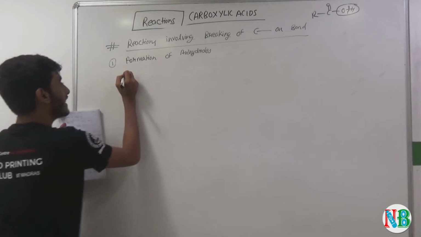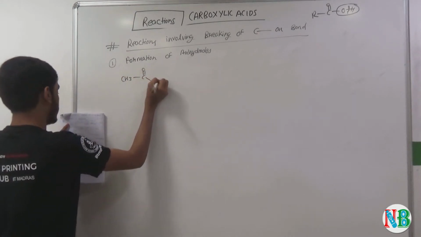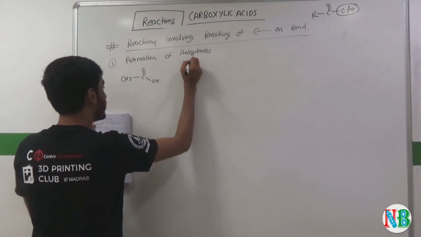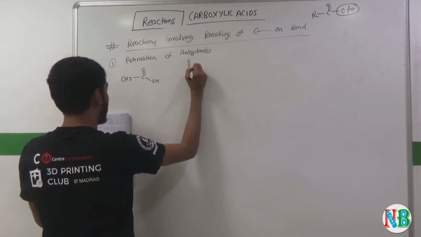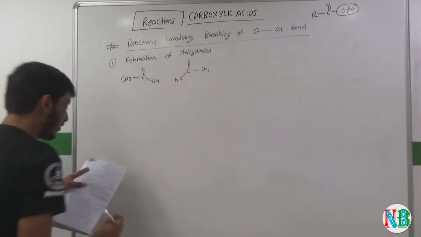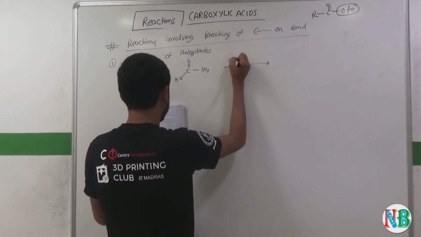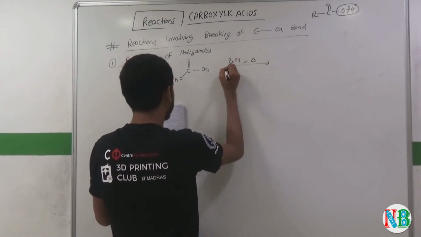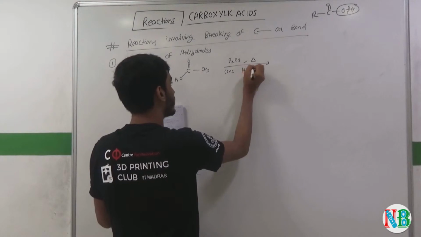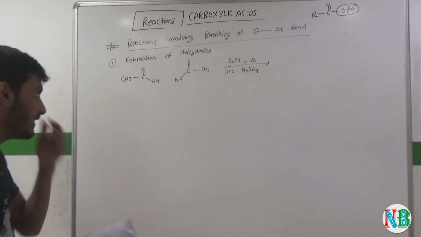Suppose I take an example of CH3COOH with one more molecule of acid. So what happens is that you use a reagent P2O5, you heat it with concentrated H2SO4. The H2O is finally released.